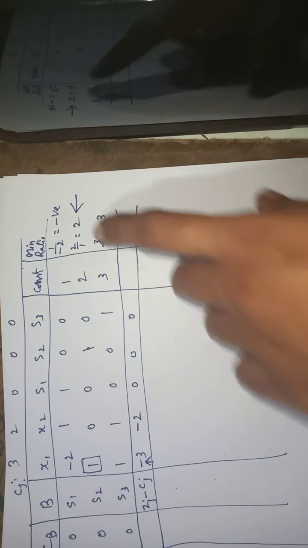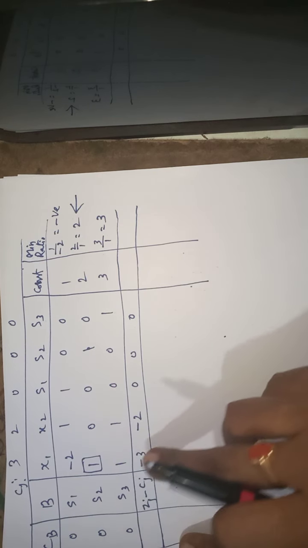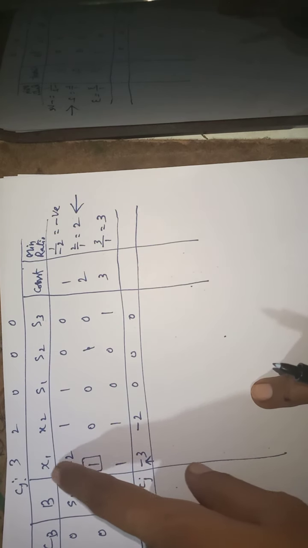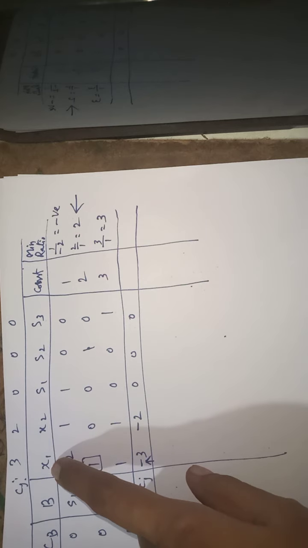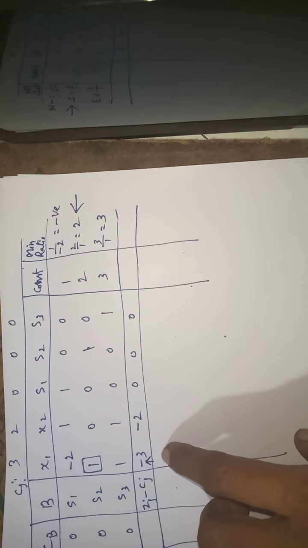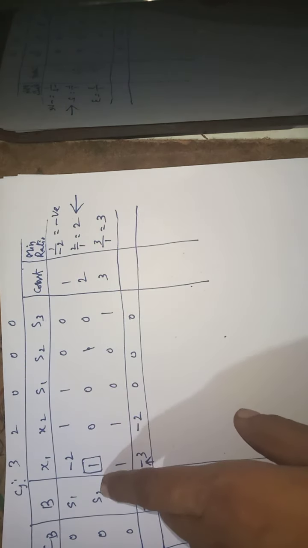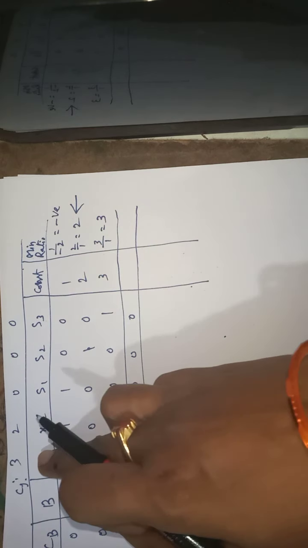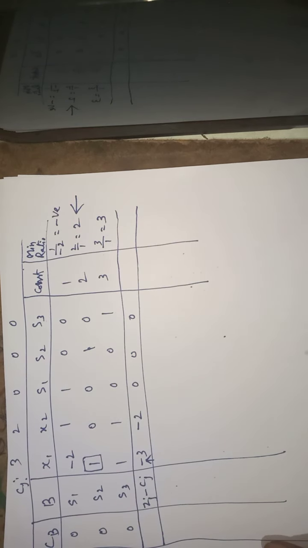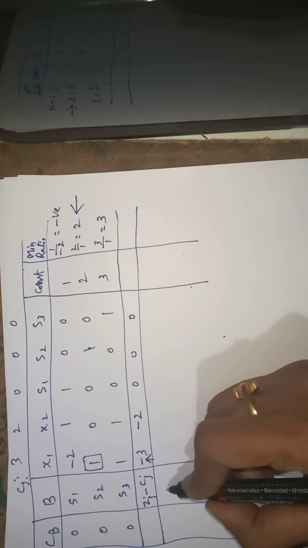Now here, if you come from this side to this side, one element S2 is there. If you go above, one element called x1 is there. That means S2 is the leaving variable, whereas x1 is the entering variable. Now I am not touching s1, I am writing it as it is.